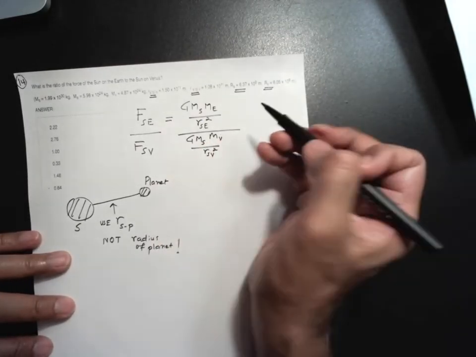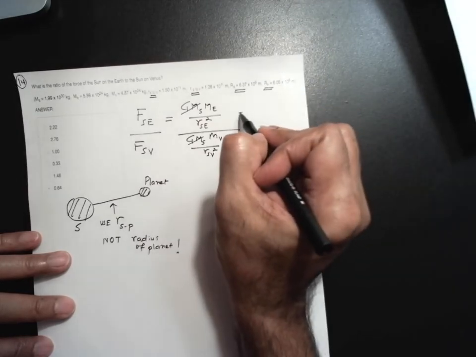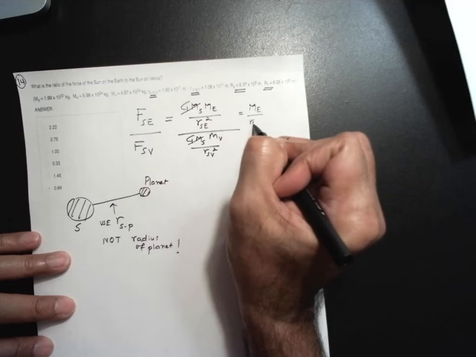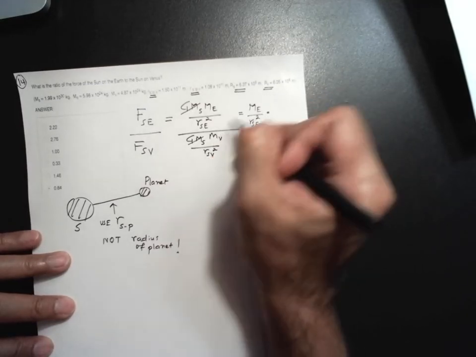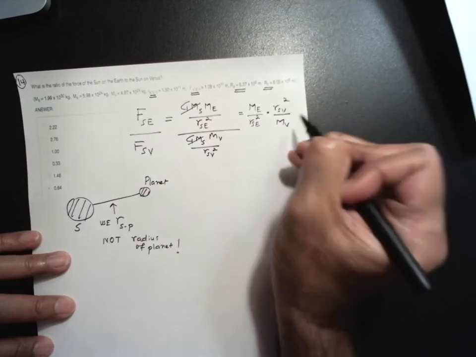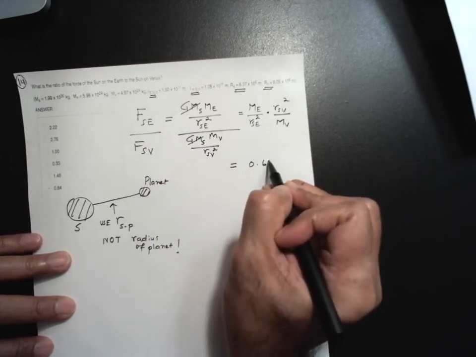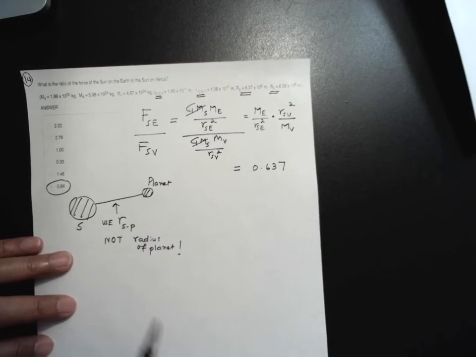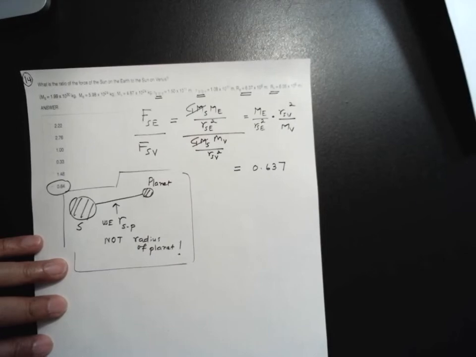And so a whole bunch of things cancel, this cancels with that. And so then you can simplify this: mass of Earth over r, radius from Sun to Earth squared, and you bring this up, so you get radius of Sun to Venus squared divided by mass. And so when you solve this out, you get 0.637, okay, which is that. So this was the only thing to keep track of. All right.